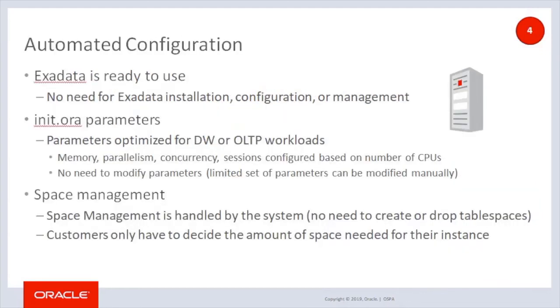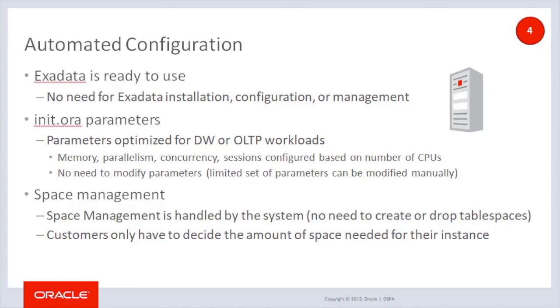As mentioned, autonomous database runs on Exadata systems, but no Exadata installation, configuration, or management needs to be done, or can be done. Init.ora parameters are configured automatically in autonomous database, depending on the service selected, ADW or ATP.